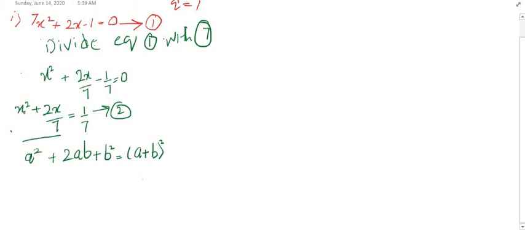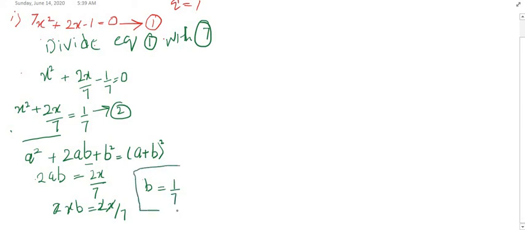We are going to find the value of b from there. Just put 2ab equals to 2x by 7. Now put a equals to x. This becomes 2xb equals to 2x by 7. x cancels with x, 2 cancels with 2. We get b equals to 1 by 7.